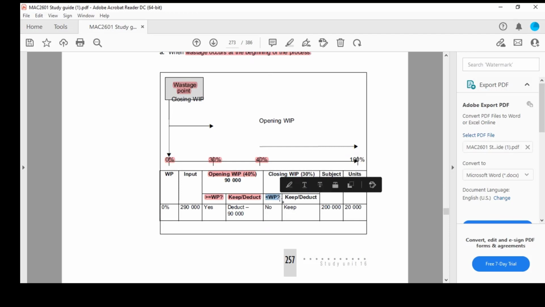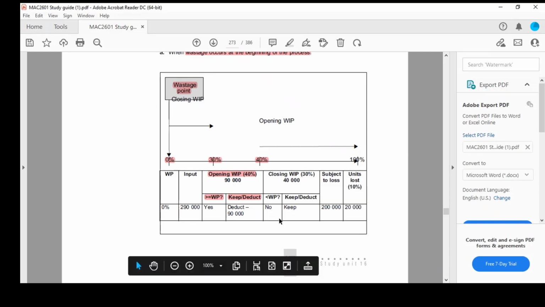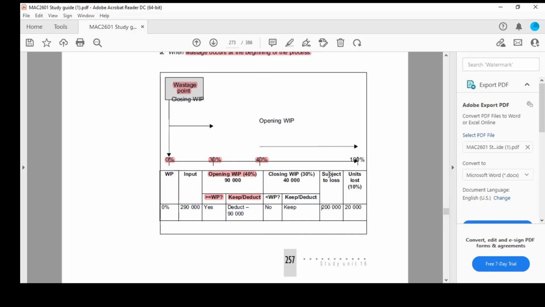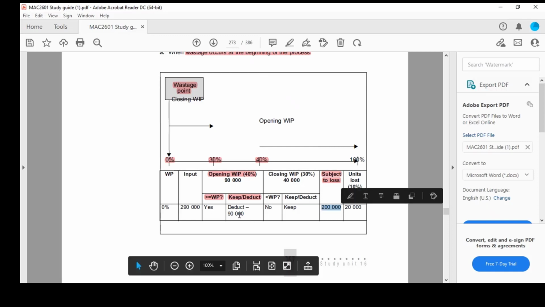Is it less than the wastage point? No, it's greater. Do you keep it or do you deduct? You keep it. So, which units are subject to loss? You take that 290, then you deduct what you said you will deduct based on the rule. Then thereafter, you apply the size, which is the 10%.